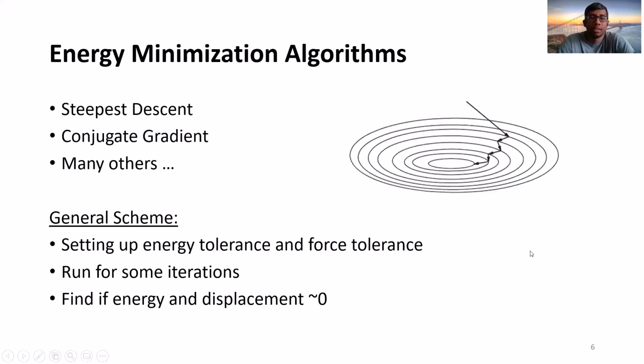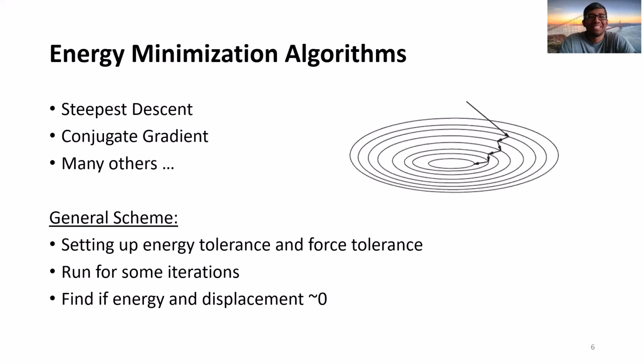And to get the energy minimization, there are several default algorithms that come into play. For example, the steepest descent algorithm or the conjugate gradient algorithm. And there are many others for which there is detailed documentation.